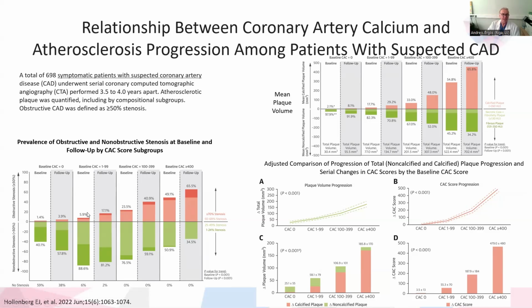And also very interesting, if you look at the right table over the years, you see the non-calcified and even calcified plaque progression, the serial changes for the same patients in calcium score by the baseline score.